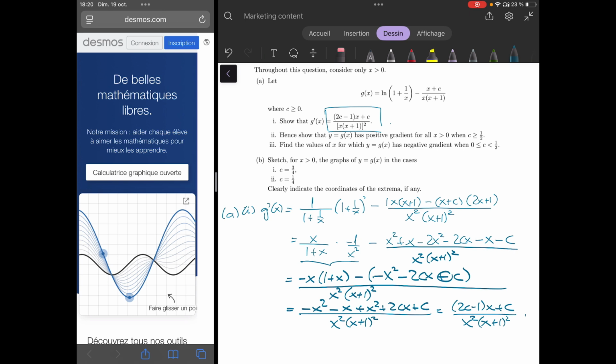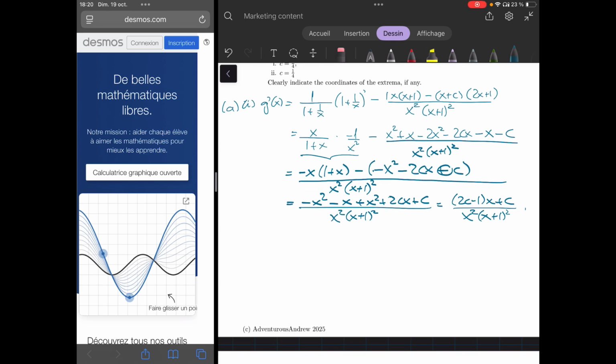Part A2, show that the function has positive gradient for all positive x when c is greater or equal to a half. So if c is greater or equal to a half, g prime of x is greater or equal to x plus 1/2 divided by this guy.